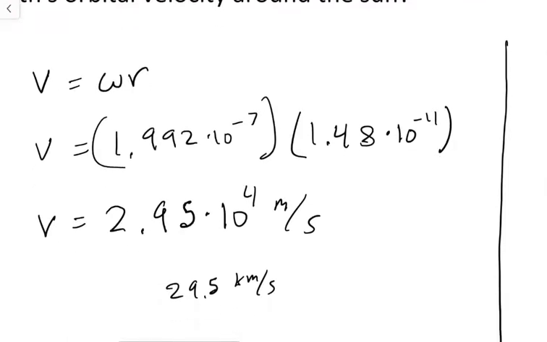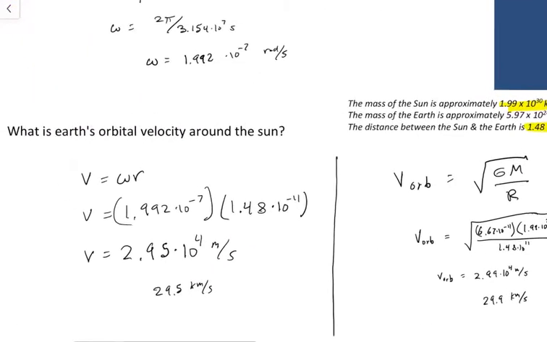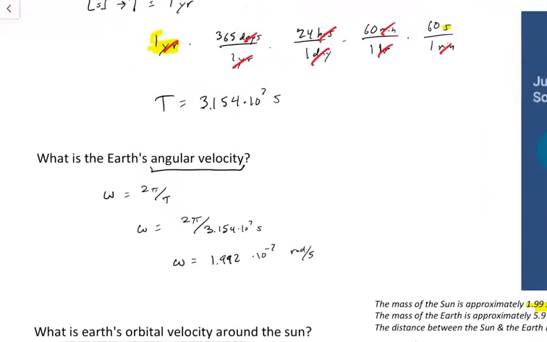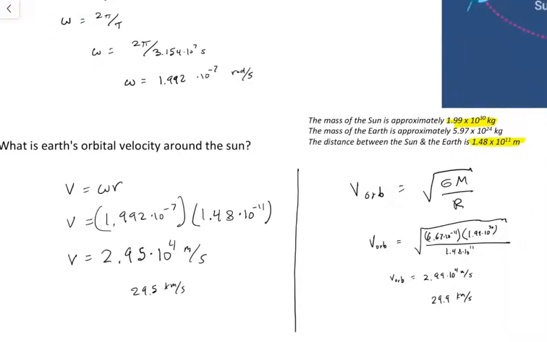So about 29.5 kilometers per second. So it's pretty darn close. I think the reason why is we said a year is 365 days when technically a year is 365 and a quarter days. So that might have caused the difference of 0.4 kilometers per second.